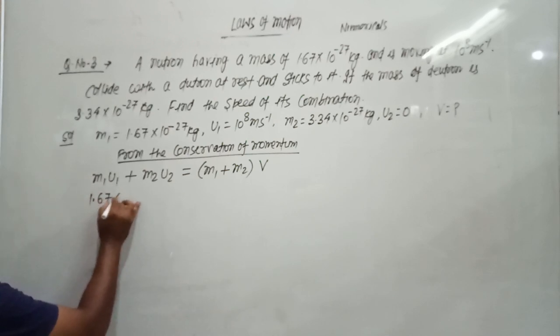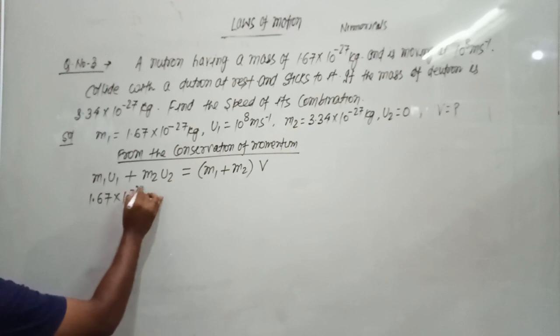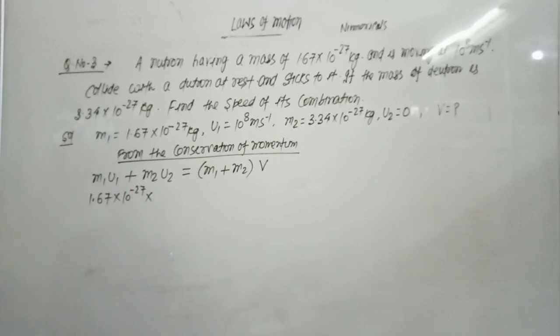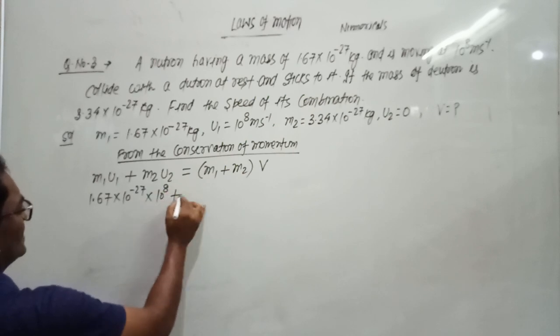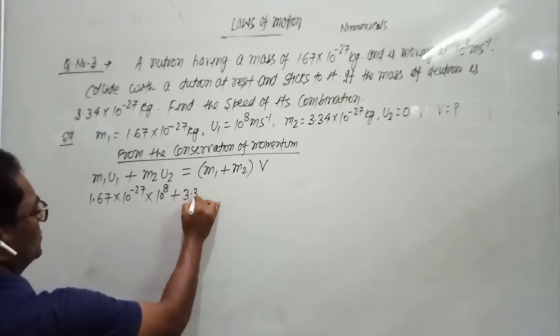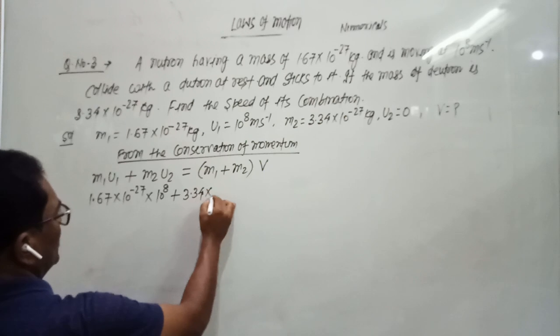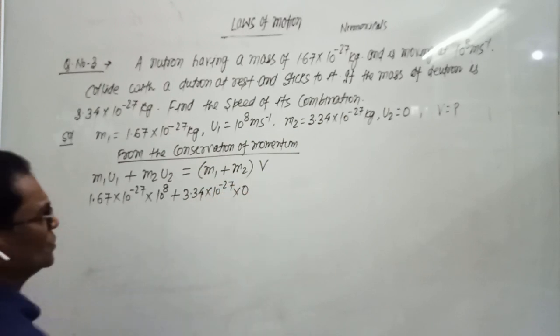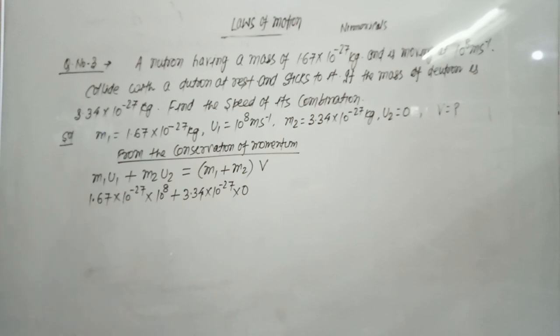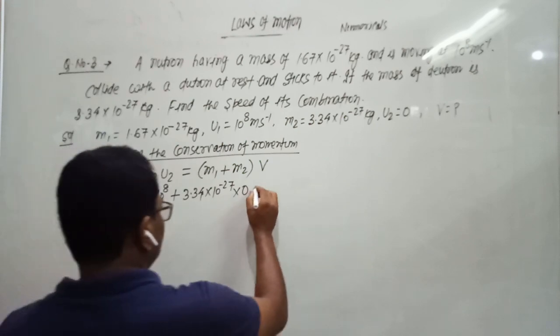So put all these values. m1 is 1.67 × 10^-27, u1 is 10^8, plus m2 is 3.34 × 10^-27 into 0, because the deuteron is at rest.